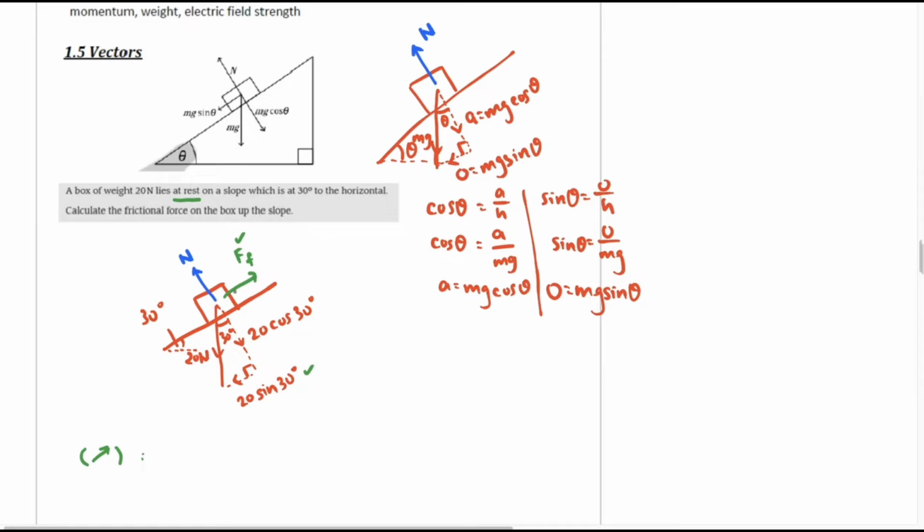That means the force acting up the slope equals the component of weight acting down the slope. So because of that, we have frictional force equal to 20 sin 30 degrees, which is 10 Newton. So we get the frictional force.